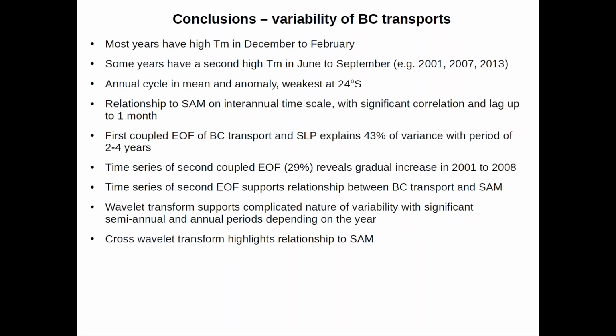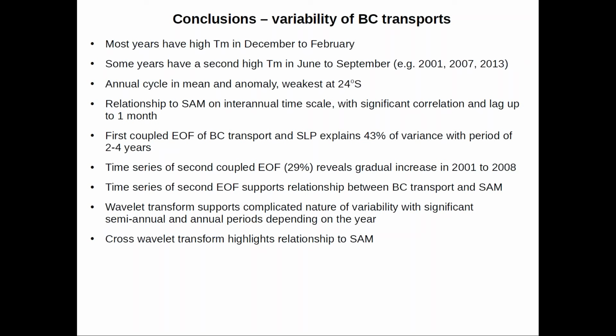So then with the variability, most years have a high transport in December to February. The secondary highs occur often in June to September, for example in 2001, 2007, 2013.